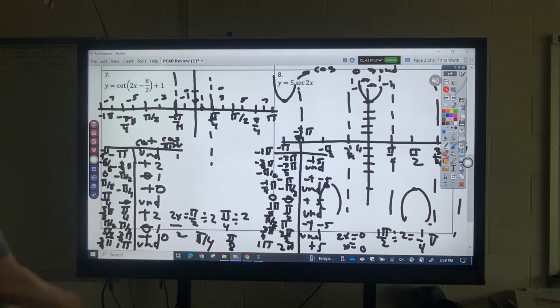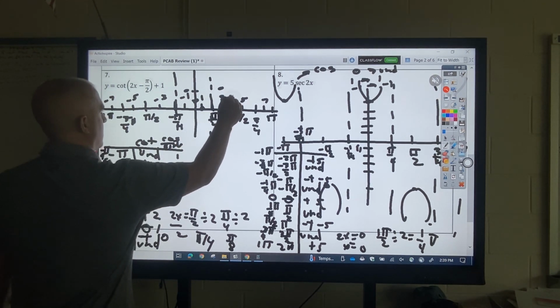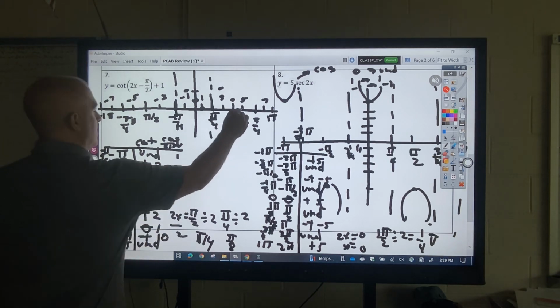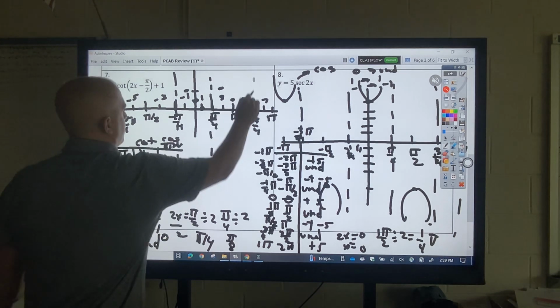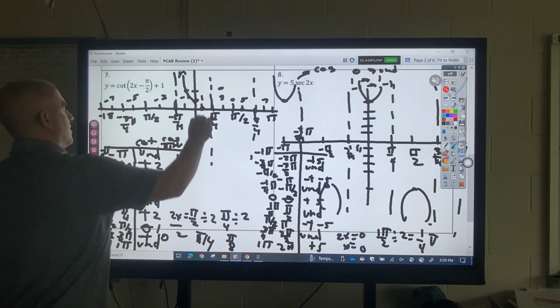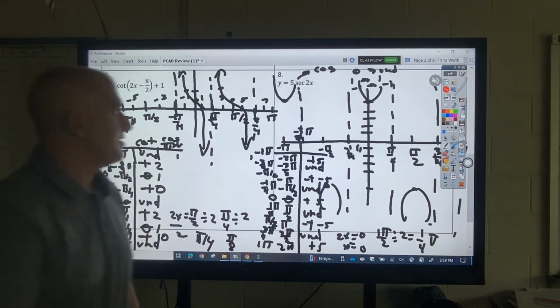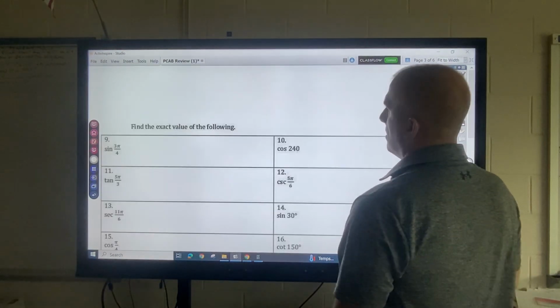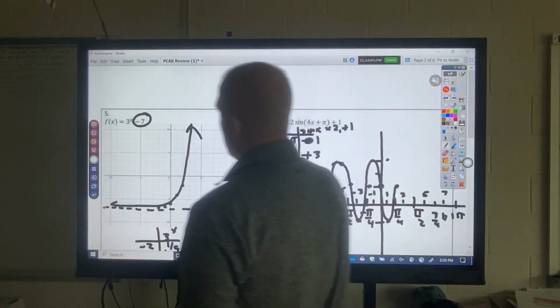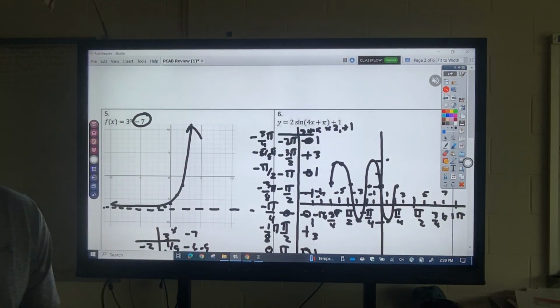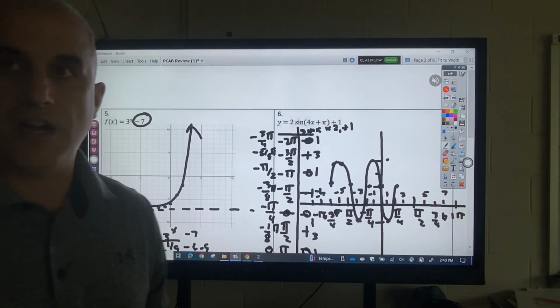At pi over 2, I'm at 1. At 5 pi over 8, I'm at 0. And then at 3 pi over 4, I'm undefined. So this graph looks like this going through. Let me see if this is actually matching up with the next one. It is not. All right, I'm going to pause the video right there. That's the first graph. I'm going to do the next graphs on the next video.